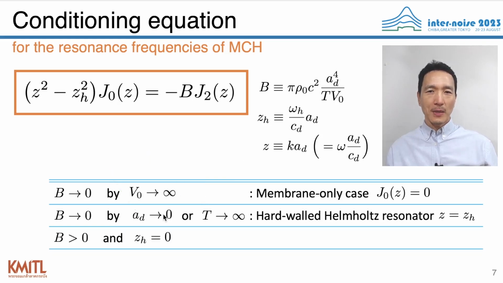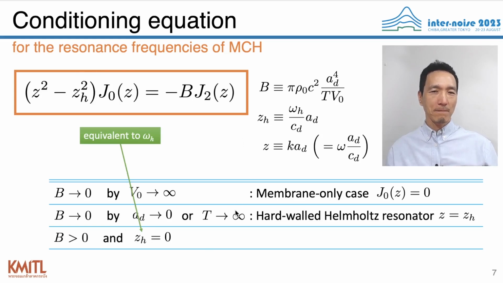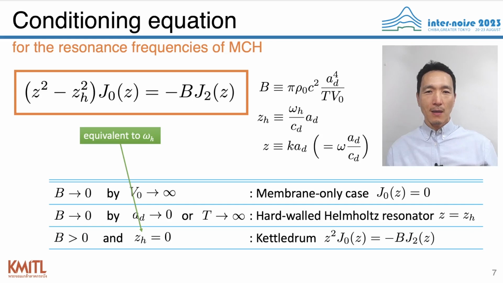Now, if B is not 0 anymore, but Z_H is equal to 0, then we are talking about the membrane fitted to an airtight cavity. And the equation is reduced to that for the kettle drum, which you can find in Kinsler's well-known textbook, Fundamentals of Acoustics.